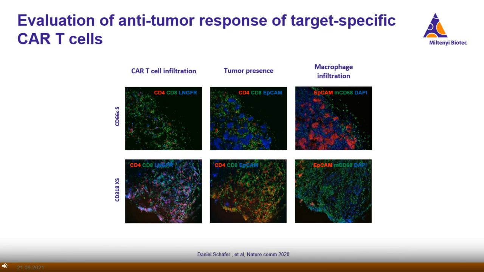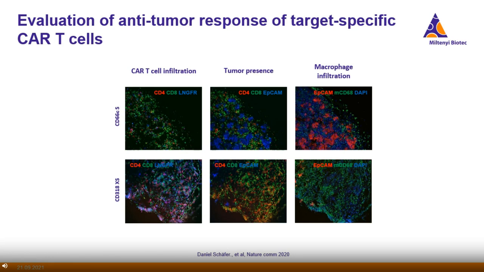This result is from the same study. Here they took advantage again of the MACSima platform. They looked at CAR T cell infiltration in tumors treated with either CD66C or with CD318 CAR T cells. You see the CAR T cells in purple as they are stained with LNGFR, which is the CAR T cell reporter marker.